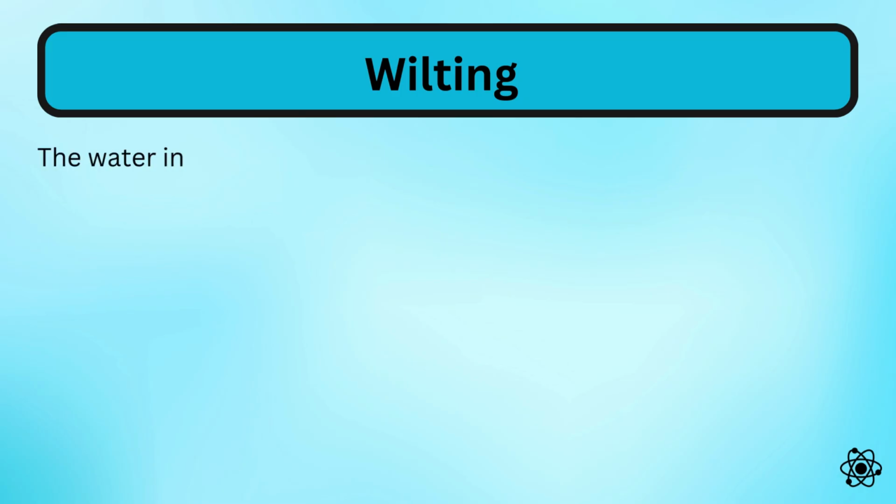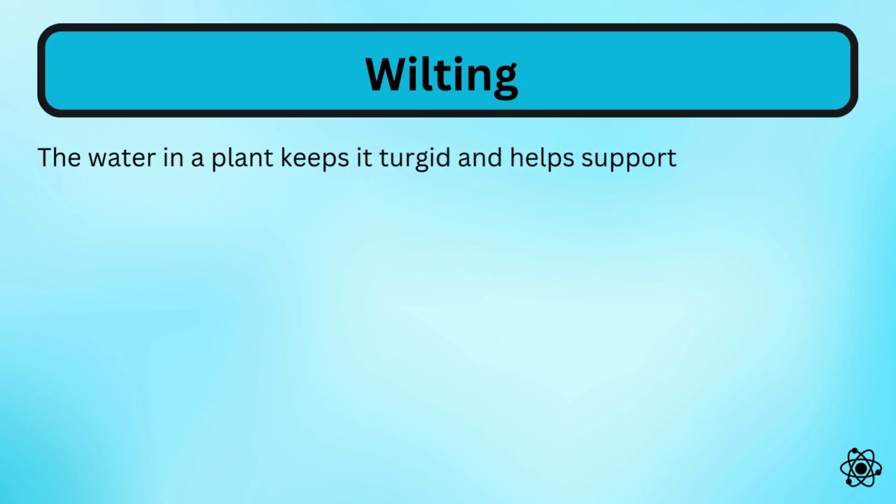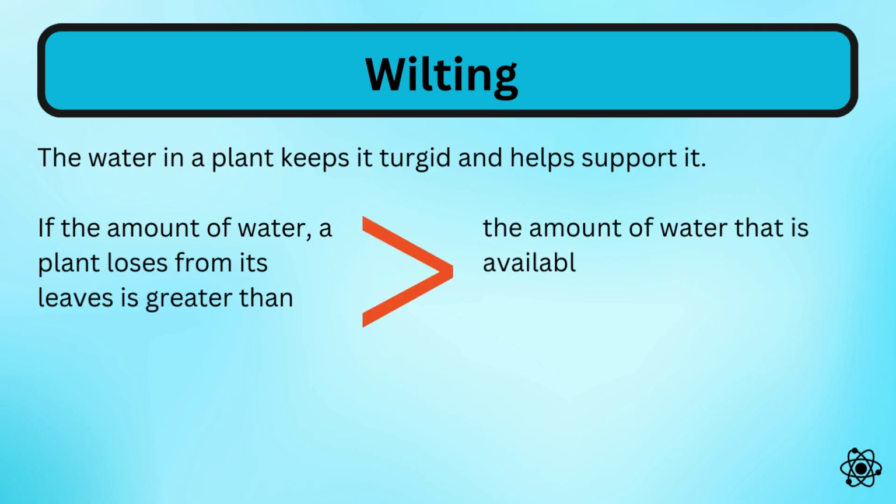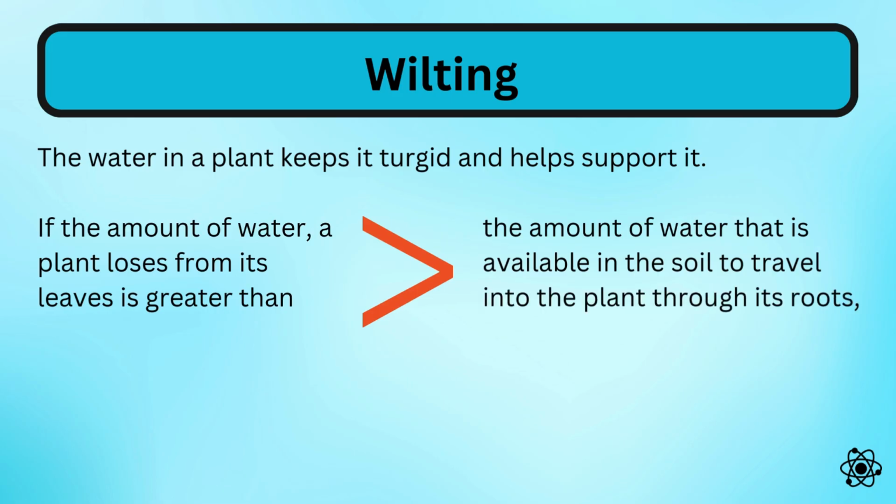Let's learn about wilting. The water in a plant keeps it turgid and helps support it. If the amount of water a plant loses from its leaf is greater than the amount of water that is available in the soil to travel into the plant through its roots, then wilting will occur.